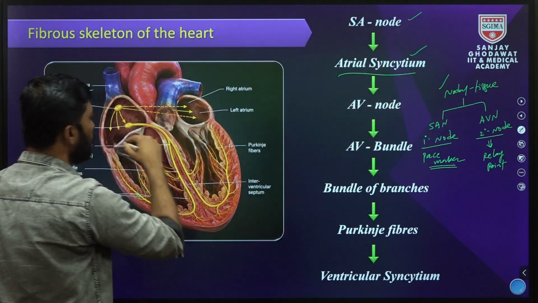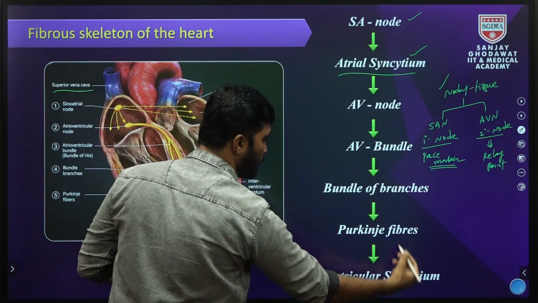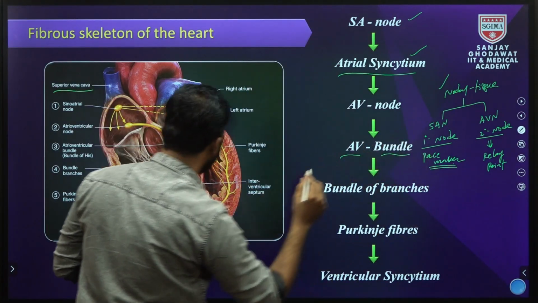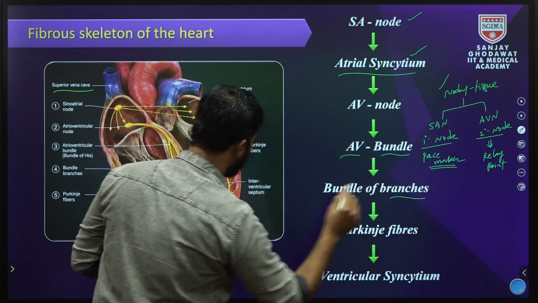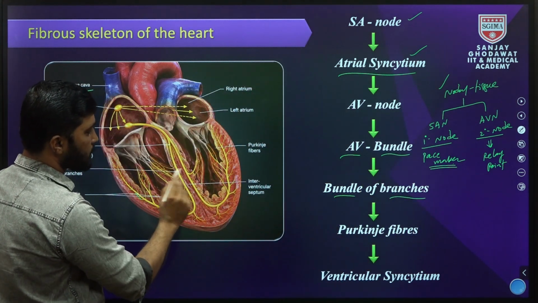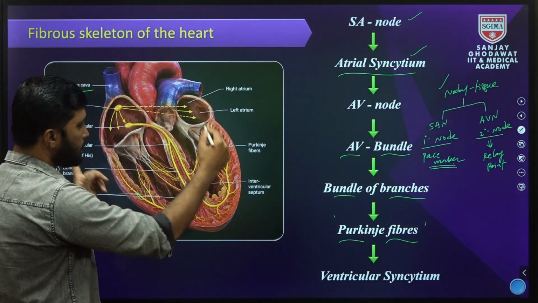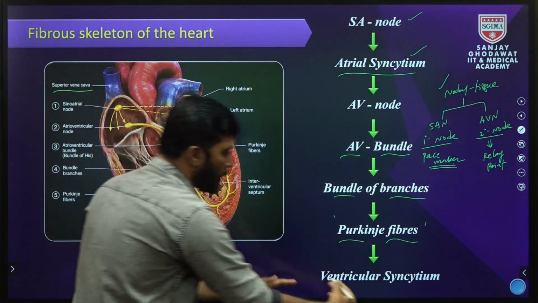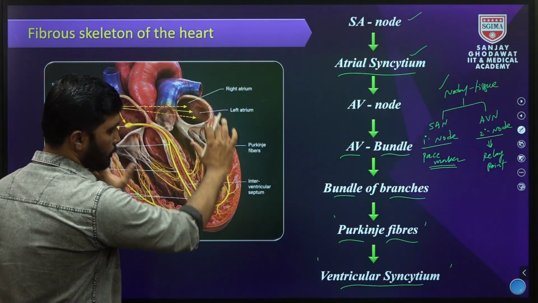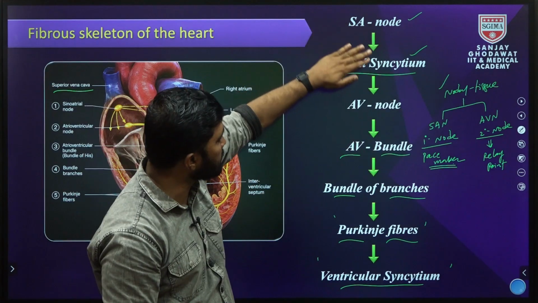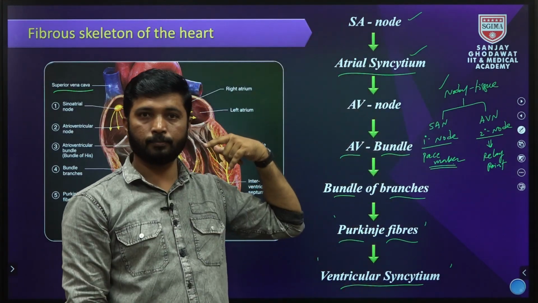Then the secondary node receives it and forwards it to the ventricles by different structures: the AV bundle, next the bundle branches, right and left, then the Purkinje fibers, minute branches, then ventricular excitation, the ventricular musculature. This is a sequential flow chart of the action potential.